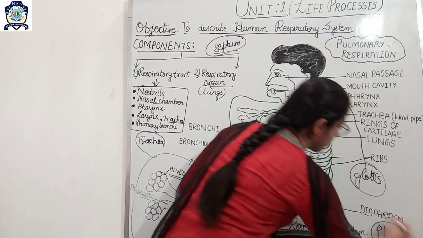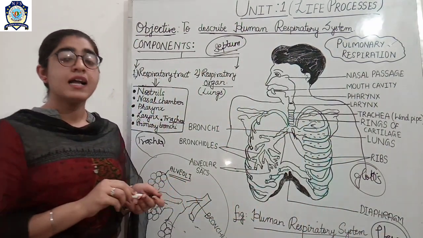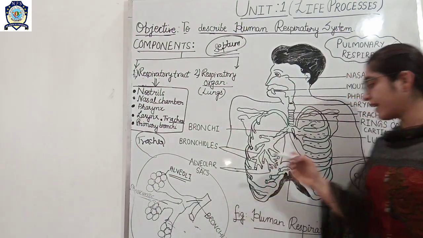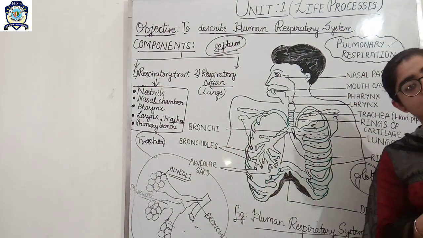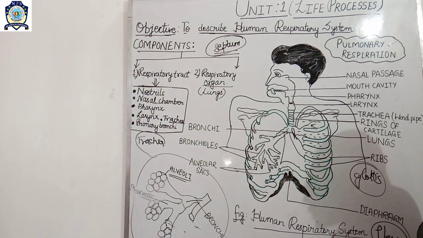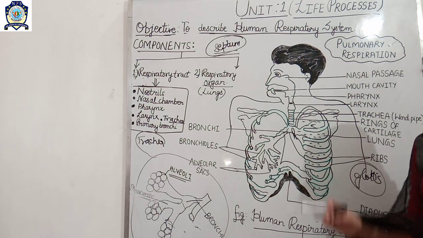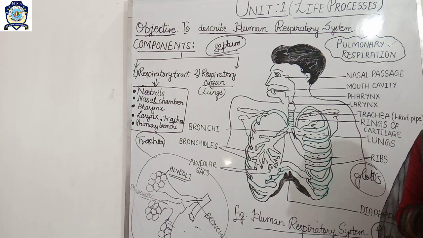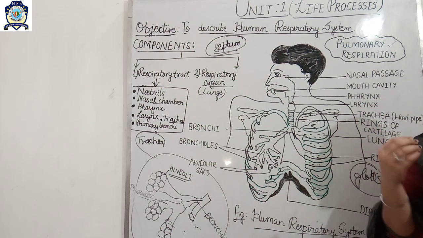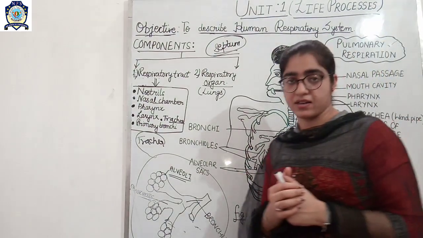And the lung is filled with fluid, and that fluid is called the pleural fluid. Pleural fluid जो है, it is based on the name of its covering. So what is the function of pleural fluid? Pleural fluid helps in the protection of lungs.